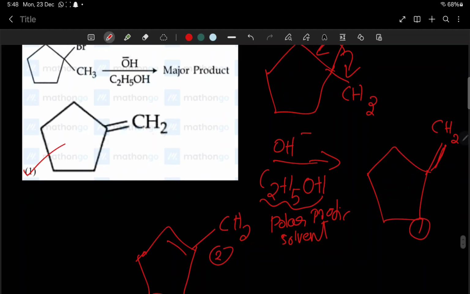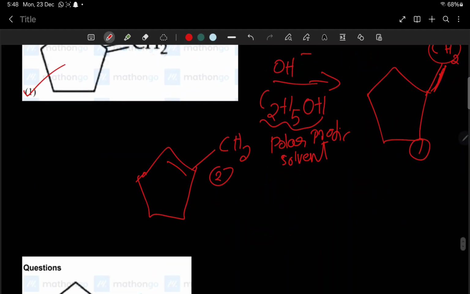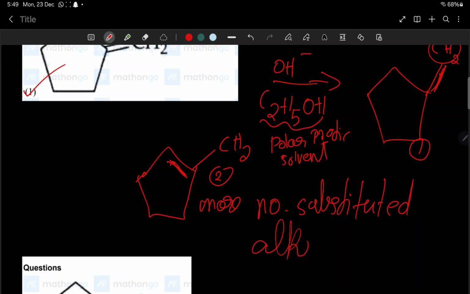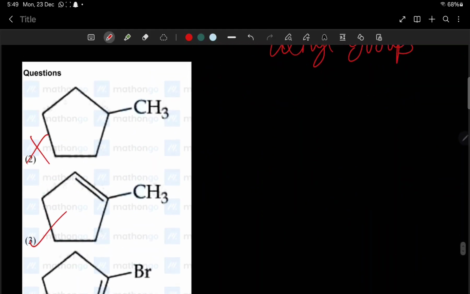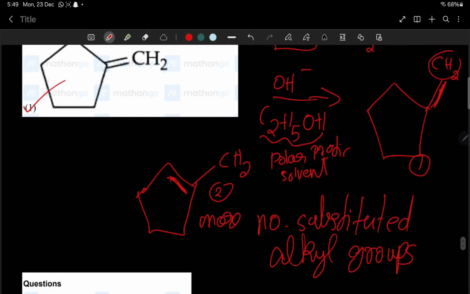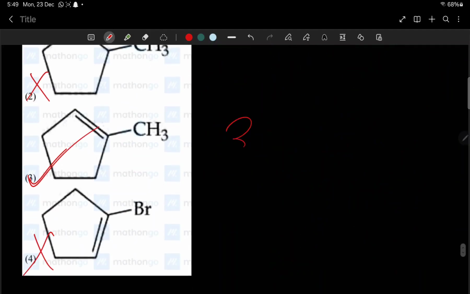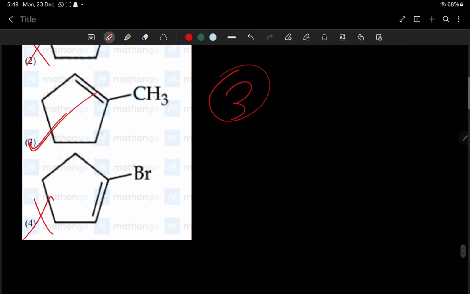Look here, on this side we are having 1 substituted, but check here, we are having a more number of substituted alkyl groups in this 2. Therefore this will be wrong. So option 3 is our answer. Okay, now next question.